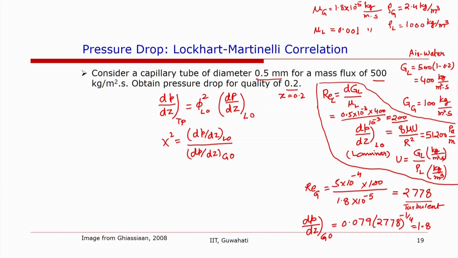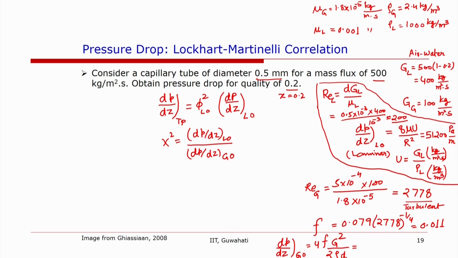It's not dP by dZ, it is basically F, the frictional coefficient. So once we have obtained this Fanning friction factor, which comes out to be about 0.011, then one can calculate dP by dZ for gas only phase, which is equal to 4F, this is Fanning friction factor, into G squared over 2 rho and channel diameter.